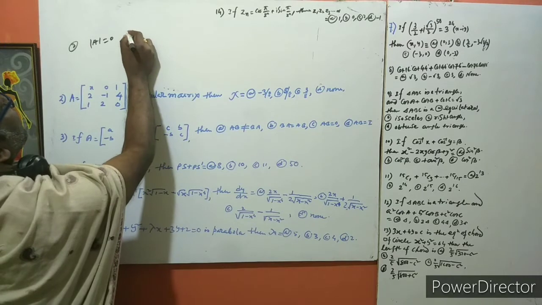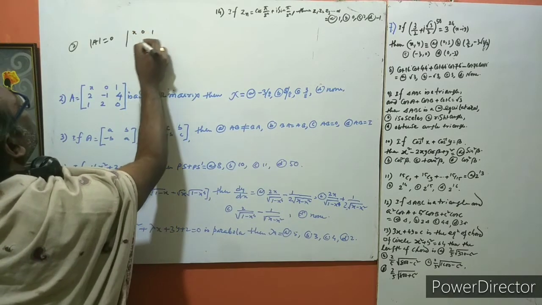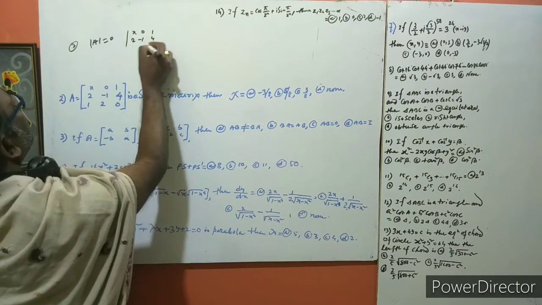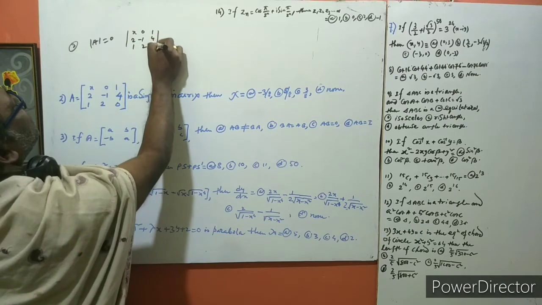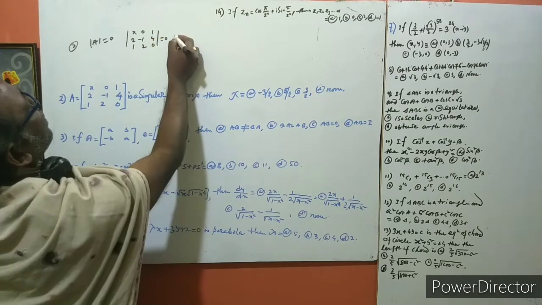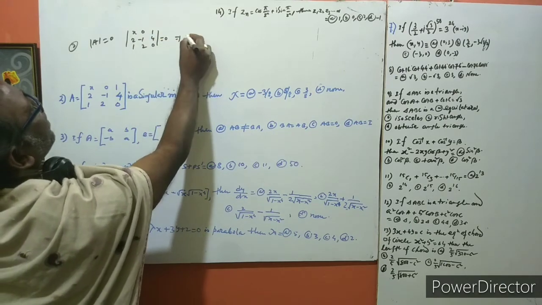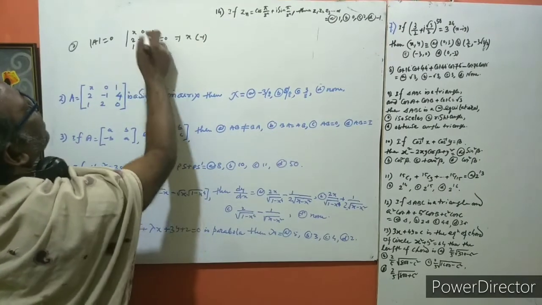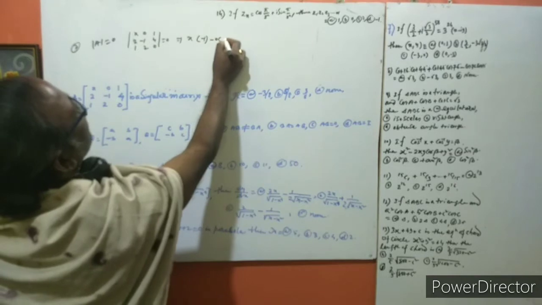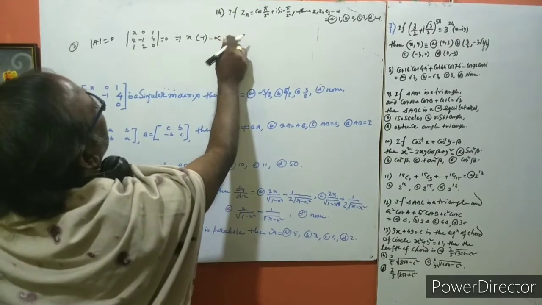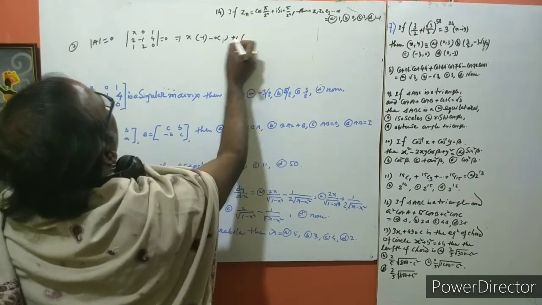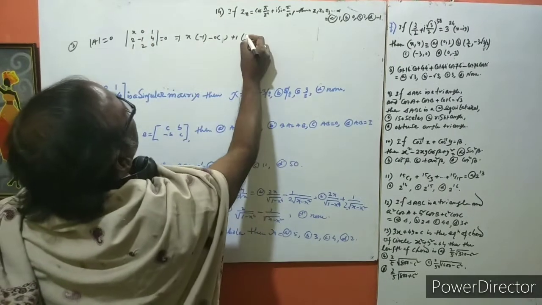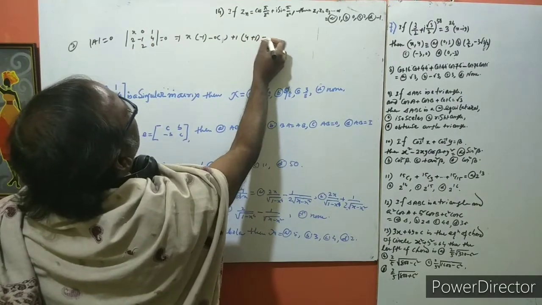So that's why x 0 1, 2 minus 1 4, 1 2 0 is equal to 0 for the singular matrix. So expand this and x into minus 1 here, okay, see, and 0 means 0. Okay, now here 1 into this is 4 plus 1 equal to 0.